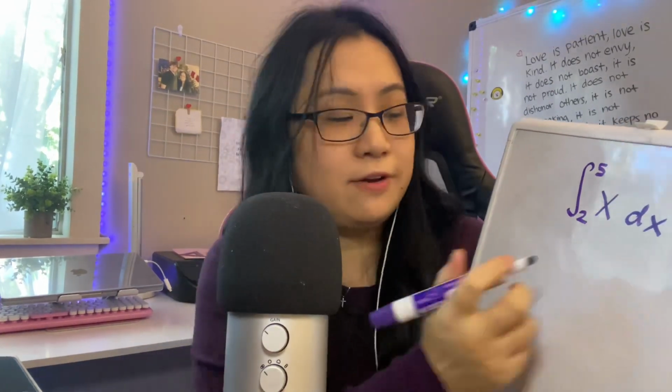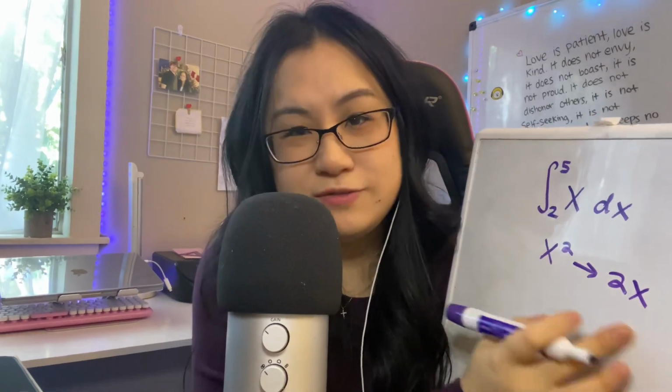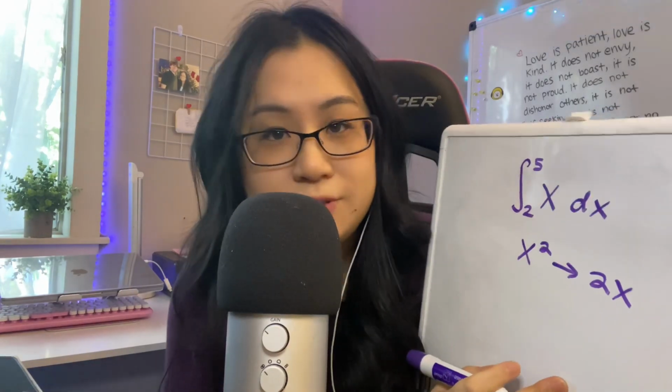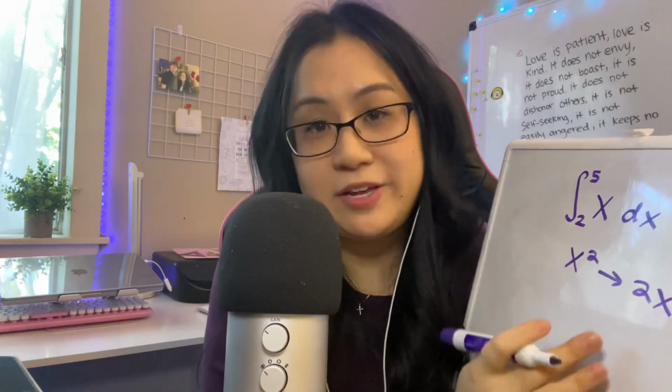But if I take the derivative of x squared, I get 2x, right? Which has the correct degree here. I have an x, but there's a 2 in front. So we just need to get rid of the 2 somehow. So all we have to do is divide by 2.